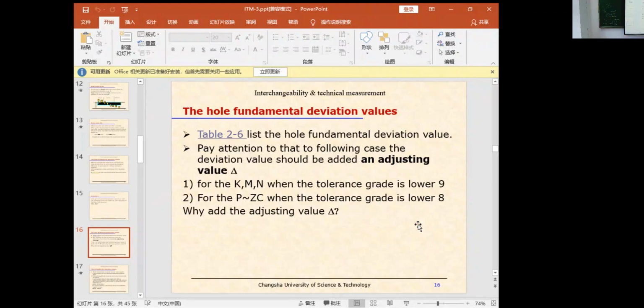Because this one is from here, and here. See here, this line, this line. This dimension for this one, this is two, right?